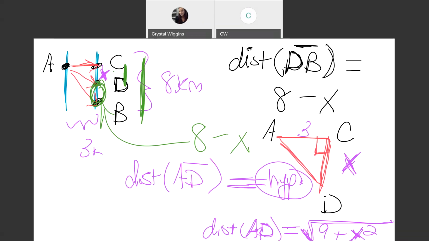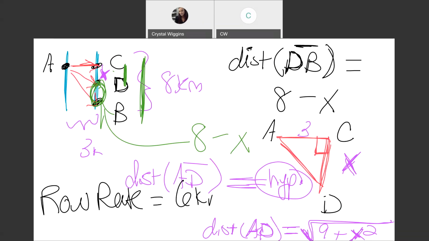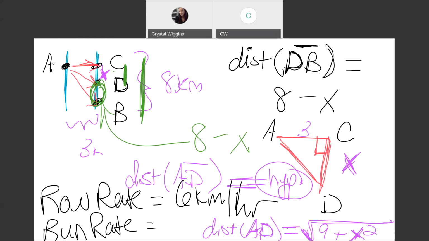And what we have is a rate that he rows. He rows at 6 kilometers per hour. So his row rate is 6 kilometers per hour, while his run rate, how fast can he run, they said was 8 kilometers per hour.